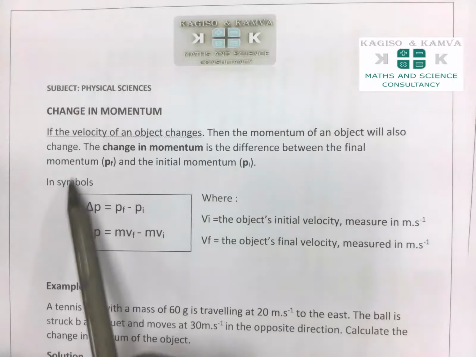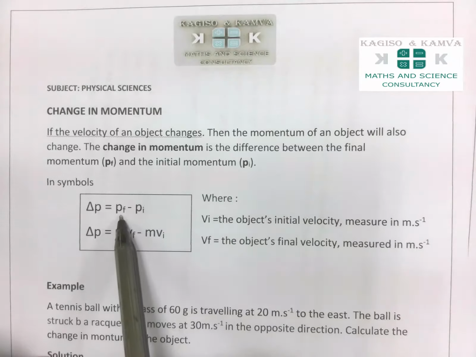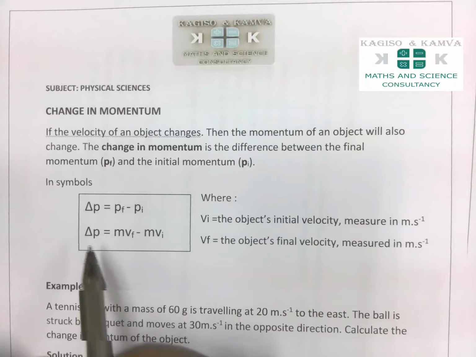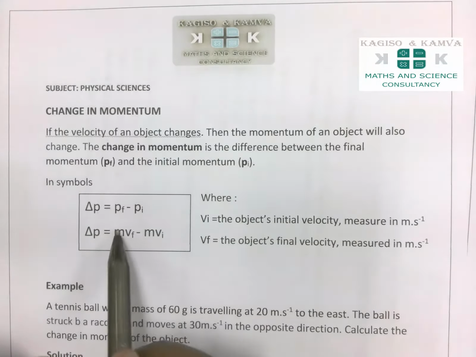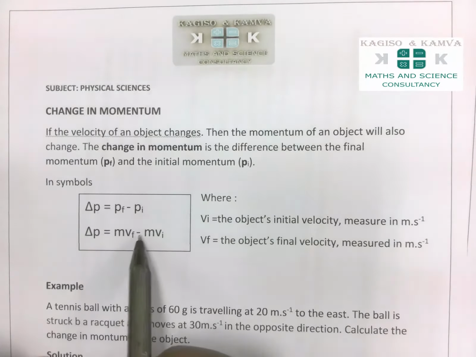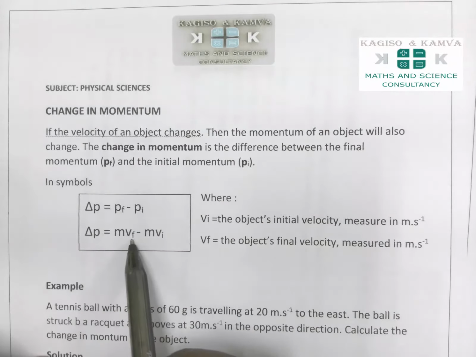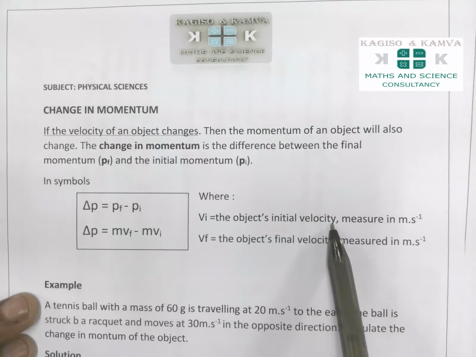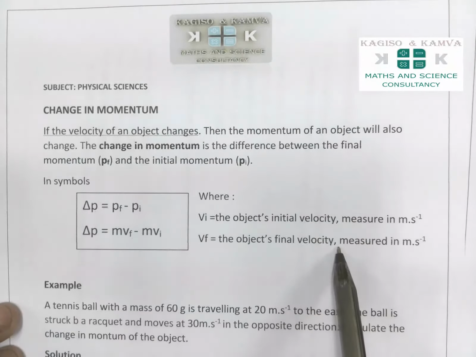In symbols, change in momentum is equal to momentum final minus momentum initial, which is mvf minus mvi, where vi is the object's initial velocity, and vf is the object's final velocity.